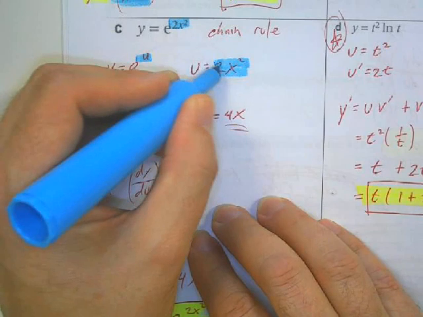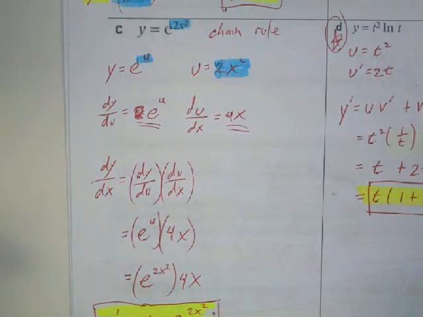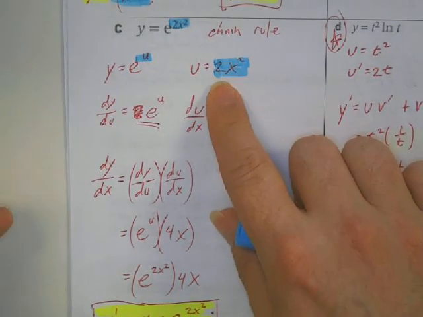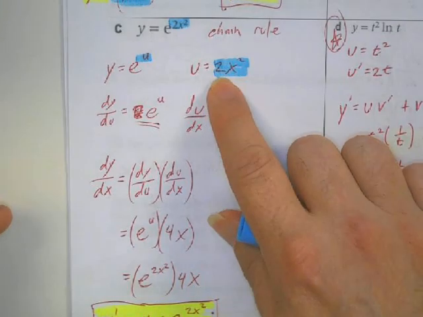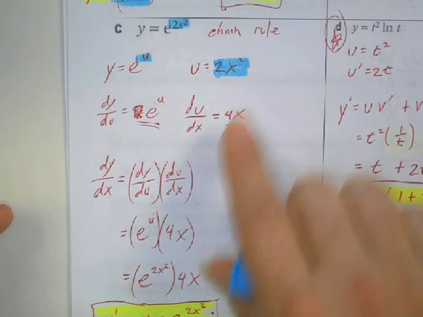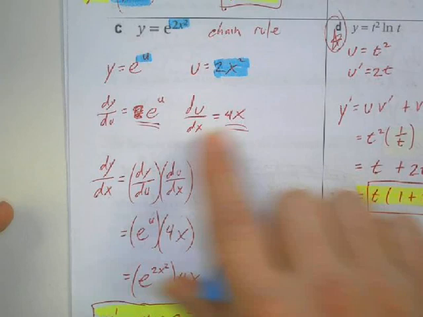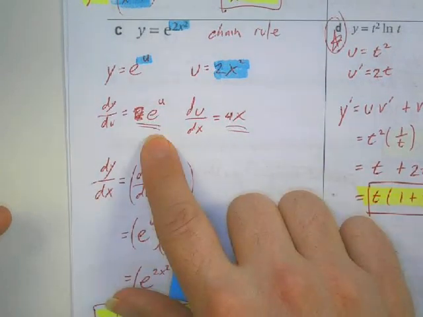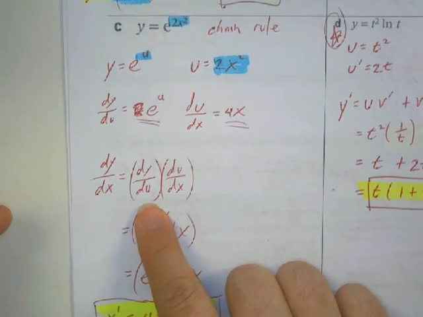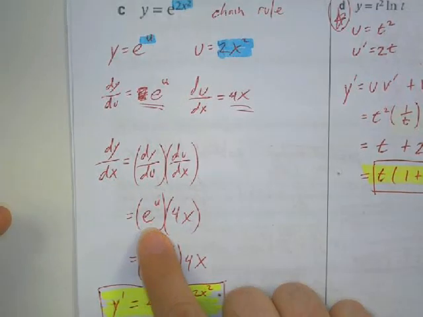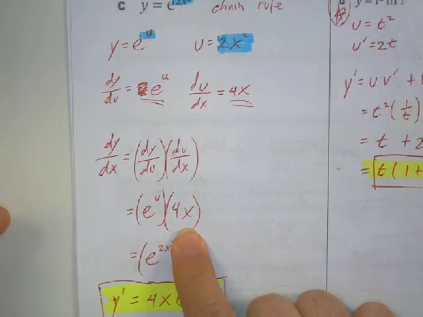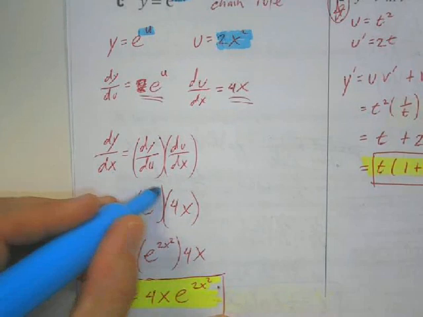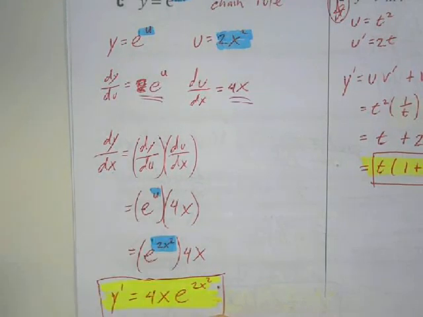U is blue, u is blue. Ooh, okay. So the derivative of 2x squared is going to give me 4x. The derivative of e to the u is e to the u. If I'm using chain rule, then I'm going to say e to the u times 4x, and then I'm going to replace u with 2x squared.